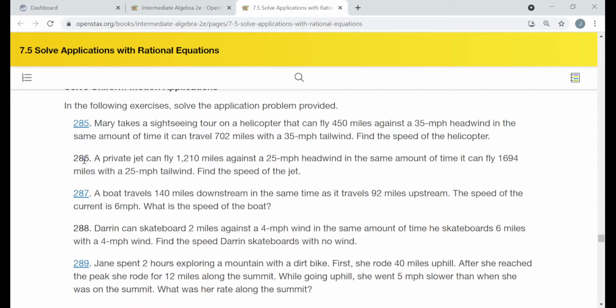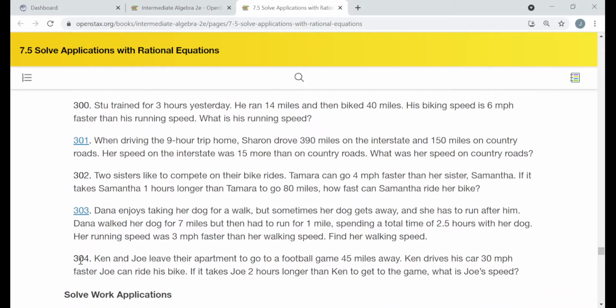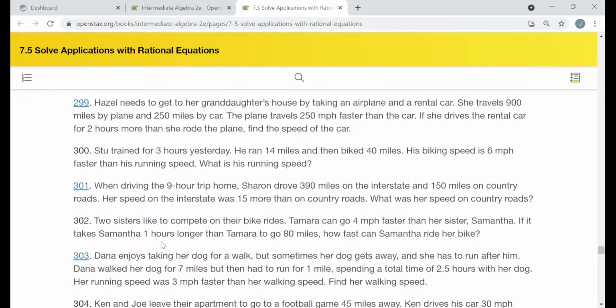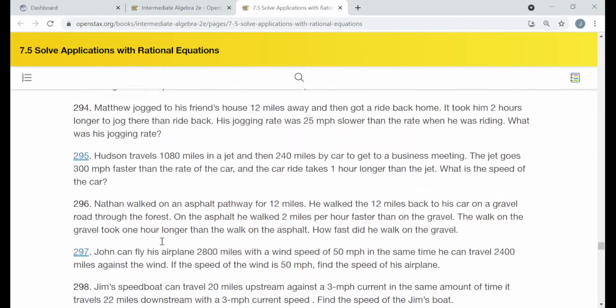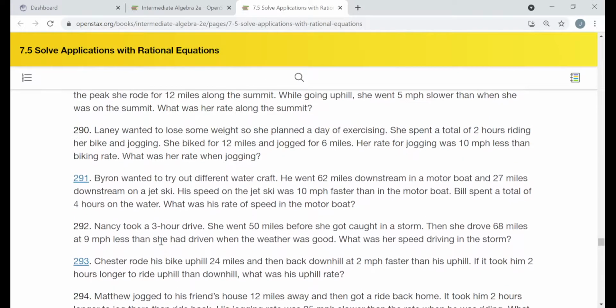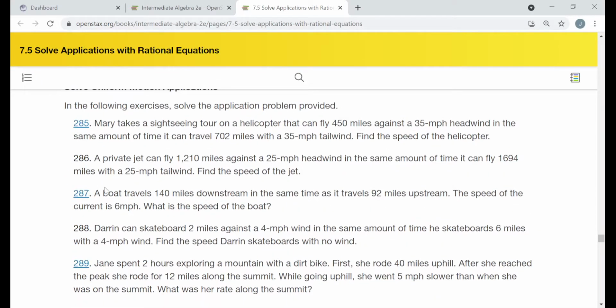Example 2 will correspond to number 286, all the way until example 20, which will correspond to number 304. I will also have time stamps for each example. That way, if you want to look at a specific one, you just count down to which example it is and click on that timestamp in the video description.